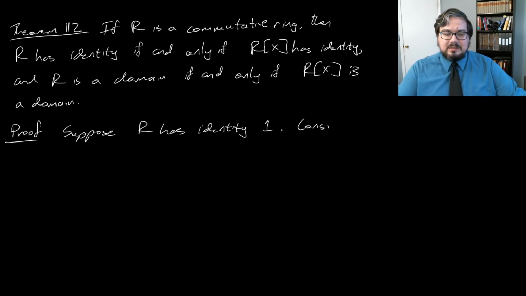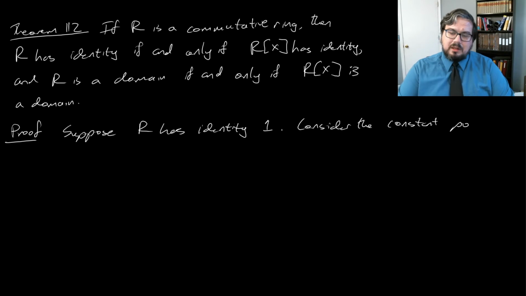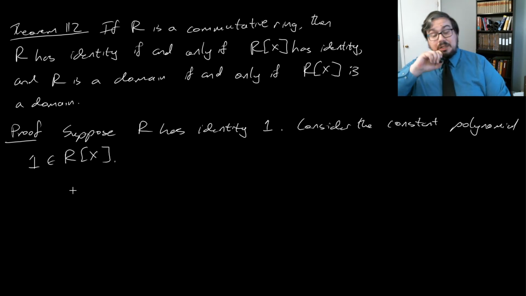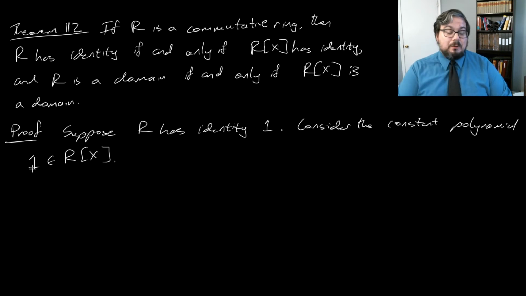Now we can consider the constant polynomial 1 belonging to R adjoin X. So this is a degree 0 polynomial whose 0th coefficient is 1 and whose all other coefficients are 0.